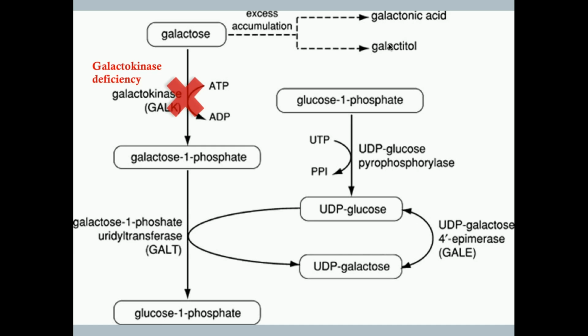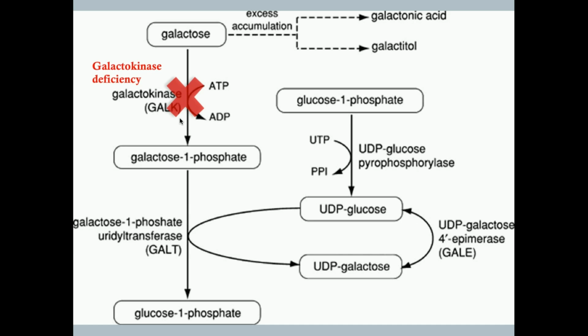And galactitol is not very water soluble. The enzyme that does that is called aldose reductase, and it exists in the eye. And so it will convert that galactose into galactitol, and that's going to yield this sort of cloudy fluid, and that's why they get these cataracts. They're made out of galactitol.